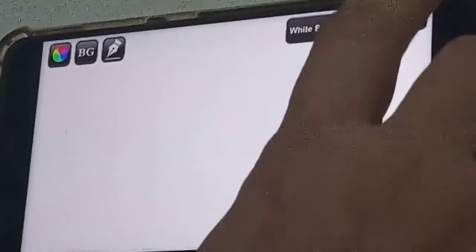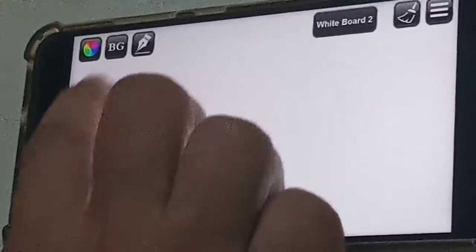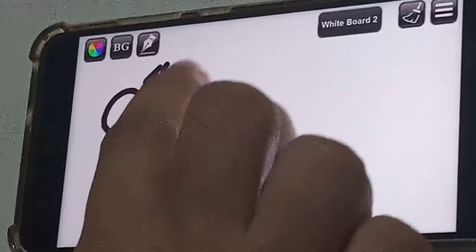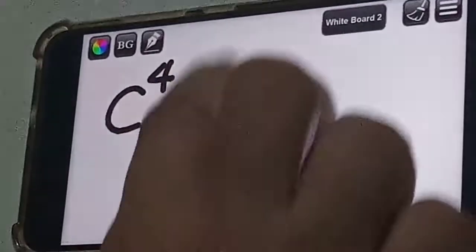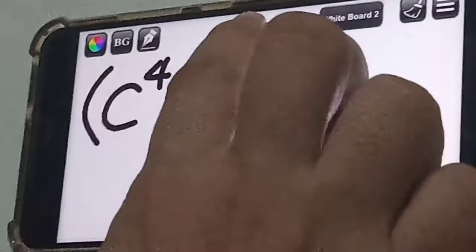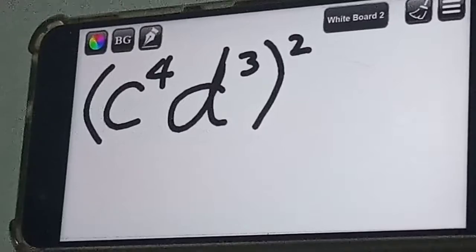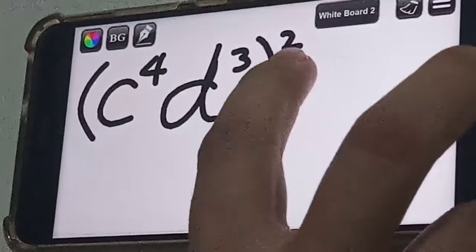Okay? Another example. Suppose that I have c to the fourth power, d to the third power, quantity to the second power. Okay, there's another way of solving this one.